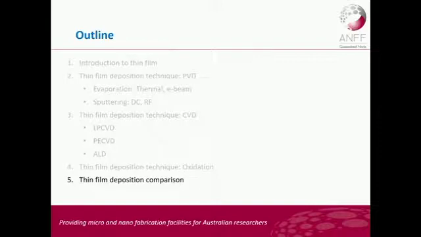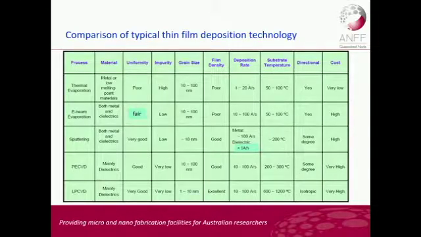So I will compare some typical thin film deposition technologies. We have thermal evaporation, E-beam evaporation, sputtering, PECVD, LPCVD, so many techniques. What kind of material should be used for each process?